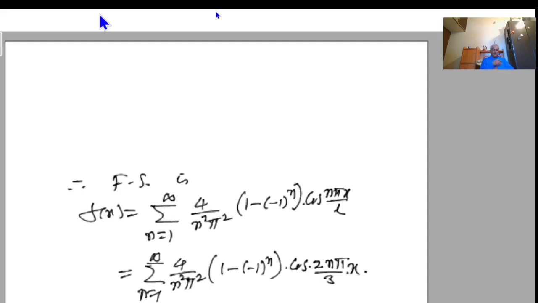So this is the Fourier series. And fx here is 1 minus 4x by 3. So this is the required Fourier series.